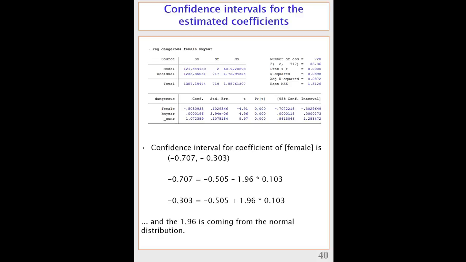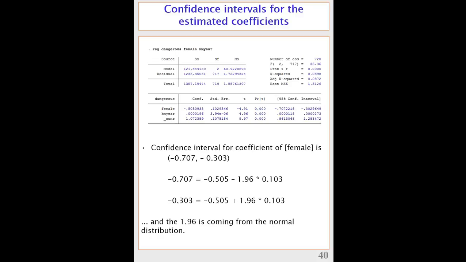That confidence interval is created in the following way: that minus 0.5 that we see over there, if you do minus 0.5 minus 1.96 times that number over there, that gives you this left boundary, and minus 0.5 plus 1.96 times the thing gives you the right value. So this is an extra way to see what you could in fact deduce on your own.